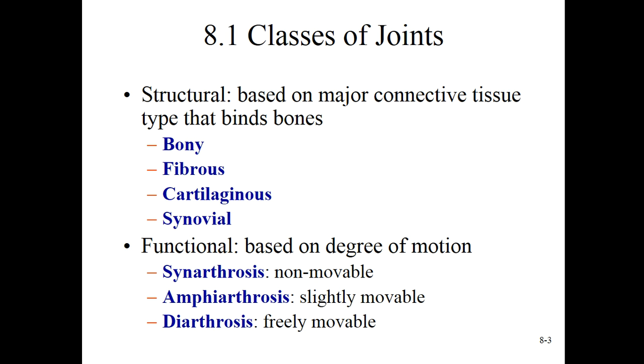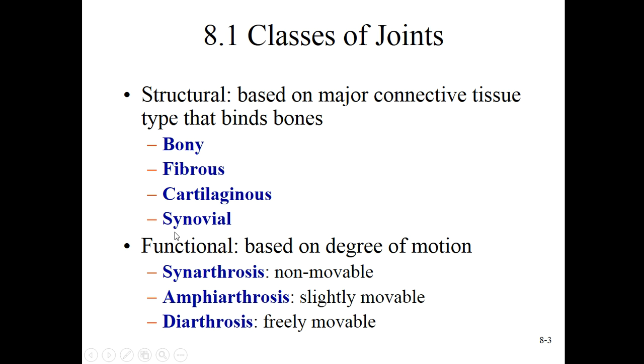Fibrous joints have fiber binding one to the other. These are also very stable, very strong. Fibrous joints include the sutures between the skull bones and the tooth and gum joints that hold our teeth in place. Well, if bone between the bones gives us a bony joint and fiber between the bones gives us a fibrous joint, then you would be right to guess that it's the cartilage that joins one bone to another in the cartilaginous joints.